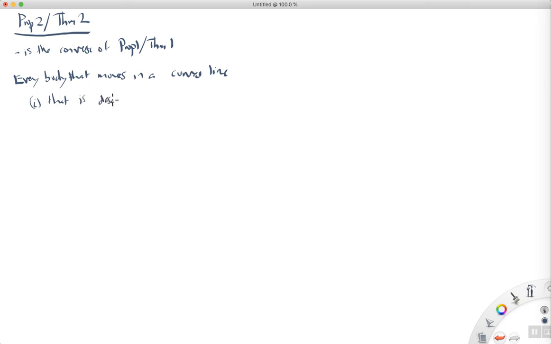That means this curved line lies in a plane. You might think about the plane of this page that I'm writing on, and there's some curved line that lies in the plane.